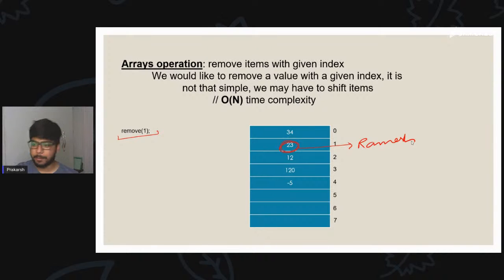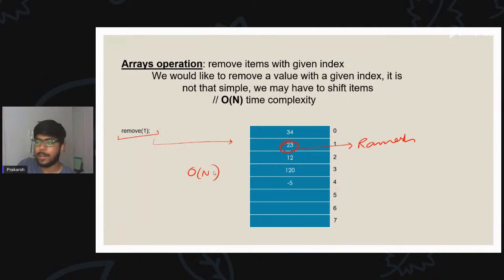So this guy Ramesh. I have to remove Ramesh. I have been told by the college authorities to remove this guy, and I know which class he is in and where he is sitting. But here's the play: I have to specifically go and search for him. And that search, even if I know the index, is still going to take O(n) time complexity.